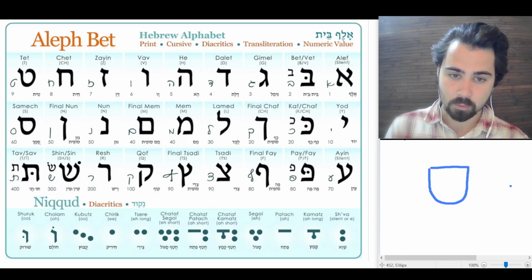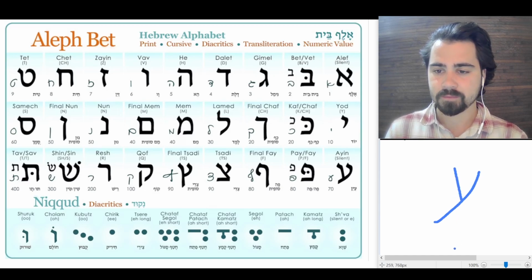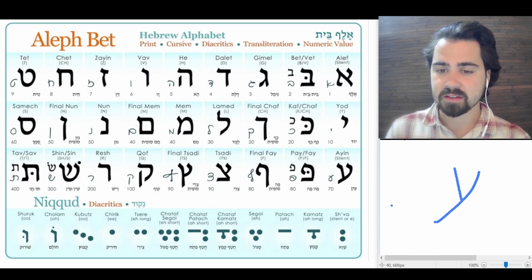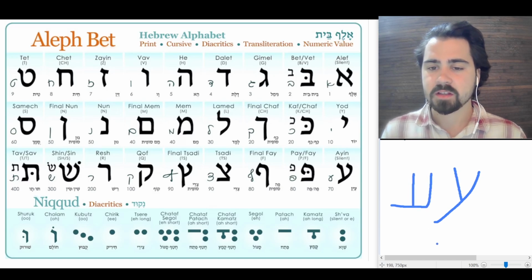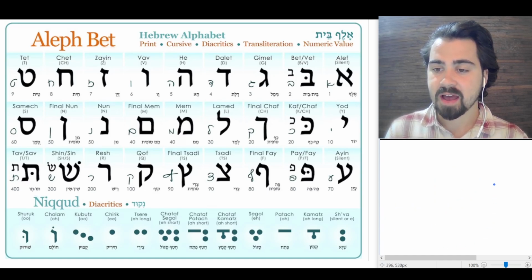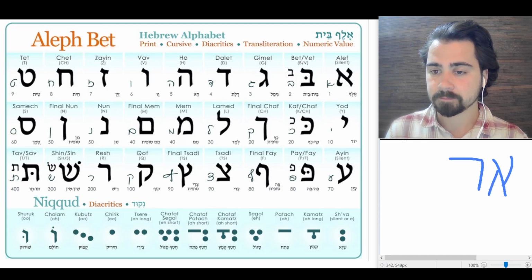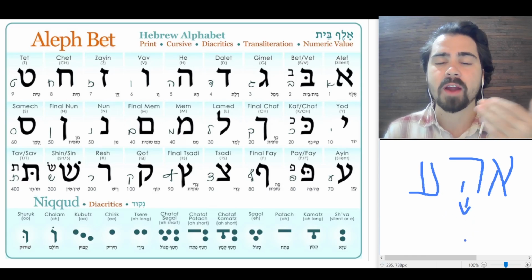Kubutz, sound u. Okay, next letter on our list is ein. Letter ein, sometimes also written like this. Yeah? So letter ein, sound a. A bit like aleph and hey. We have the letter ein. But with hey, the difference is we have more air coming out.